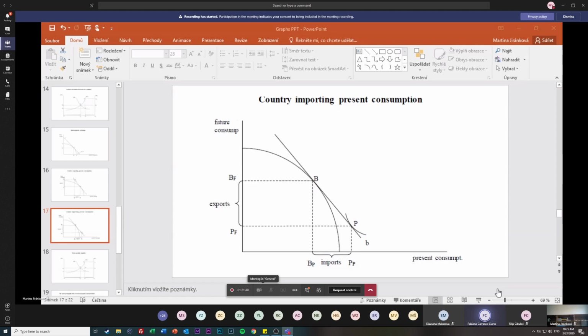It's the country which needs to consume now. They need money, they need capital. So again, you can see that they import present consumption, they are taking loans, but in the future, they will have to export future consumption.